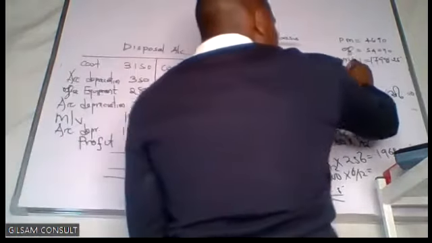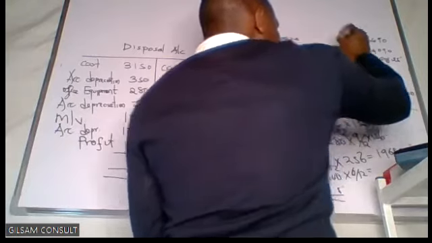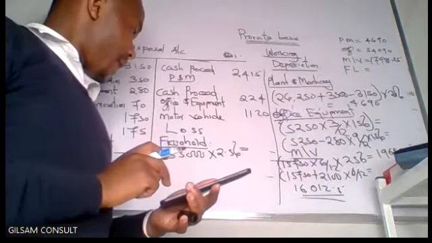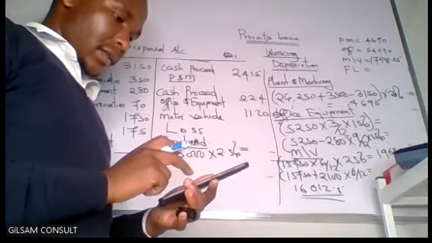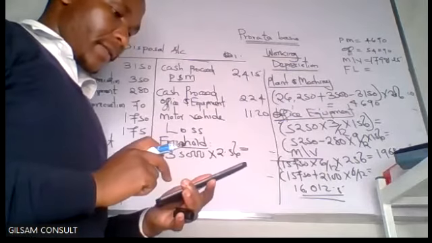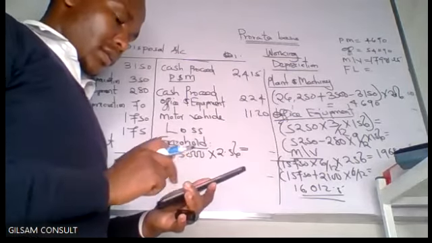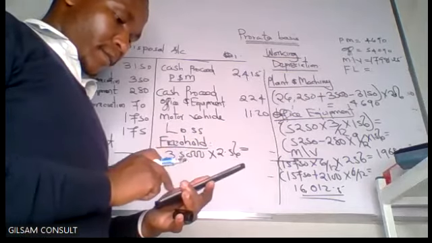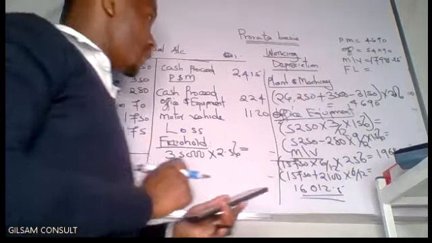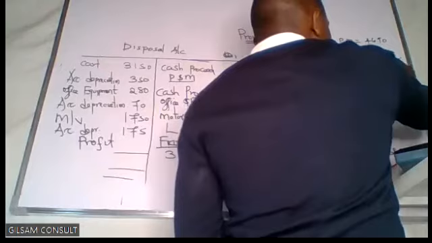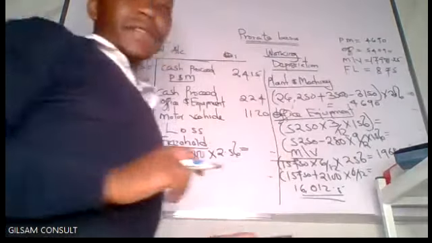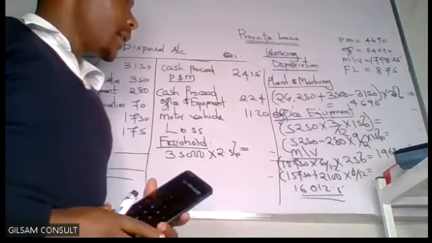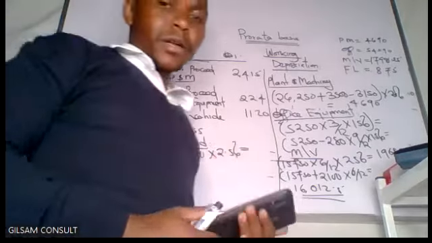And then freehold, that is 5,000 times 2.5, which is 875 for this one. So that is now the depreciation charge for all the assets.